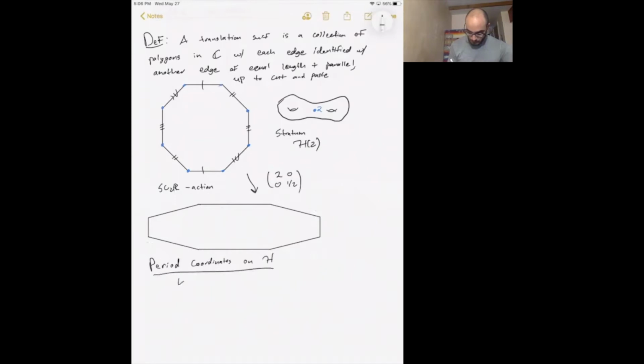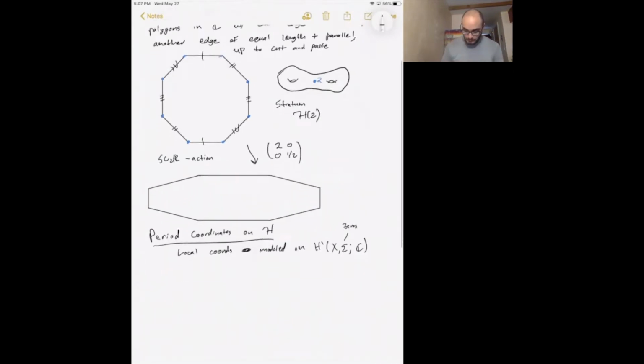These give local coordinates, and they are modeled on the relative cohomology of the surface relative to the zeros, where sigma is the set of zeros of the differential.